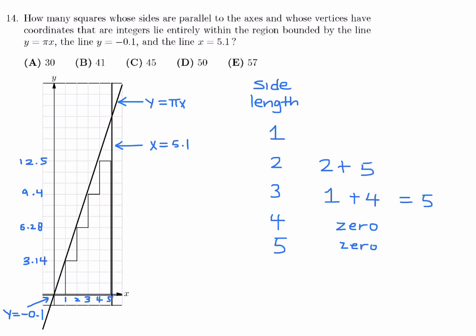And then if I move the base over to here, 1, 2, 3, 4, 5, 6, 7, 8. And I think that's it, because the next one would be outside of the boundary. All right, so I've got 8 here. So that is 15.